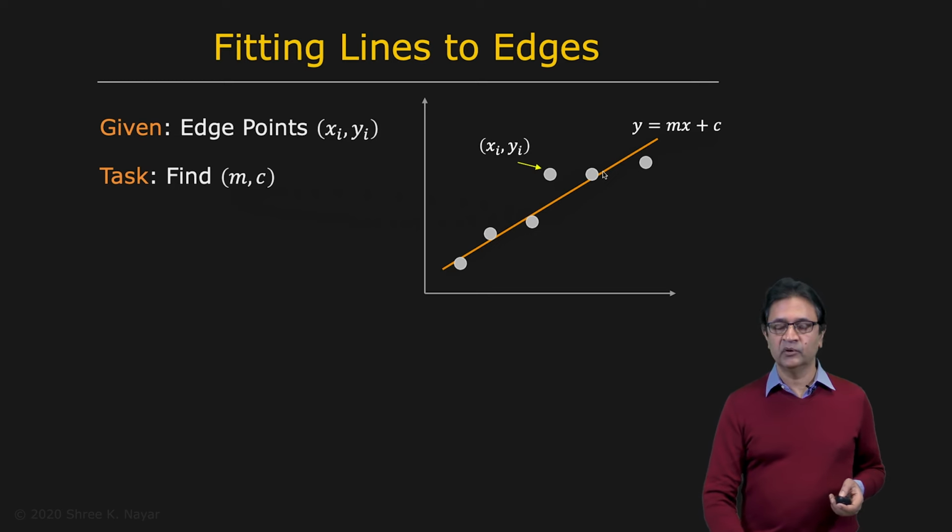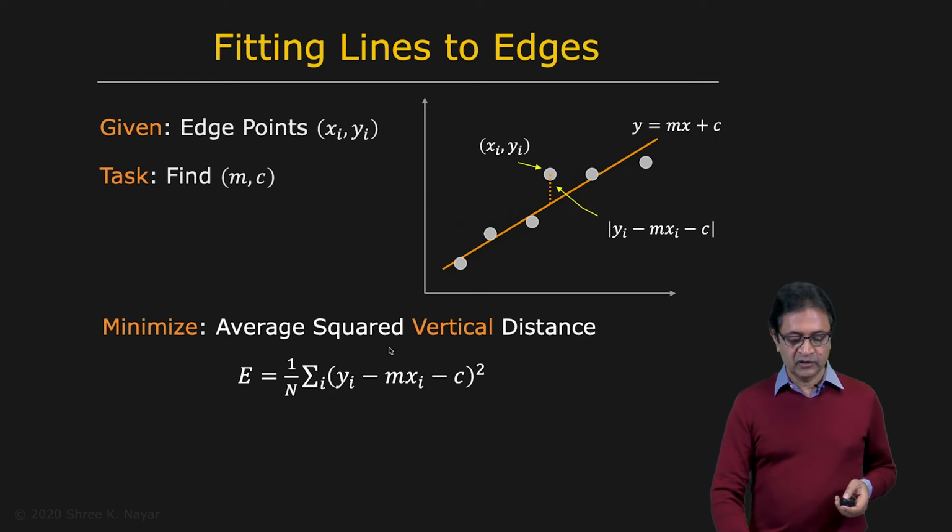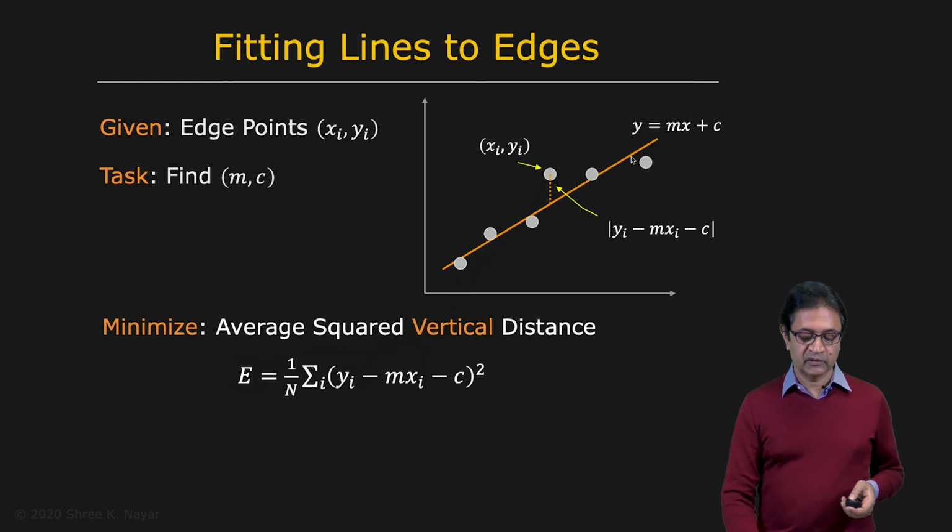So how do we pose this problem? Well, first, we're going to set up an energy function. We'll call it a cost function or an energy function. And what we want this to represent is the average of the square of the vertical distance between each point and the line that we're trying to estimate.